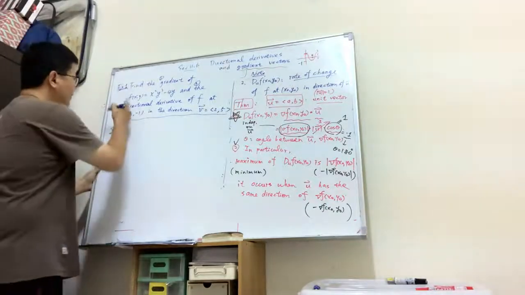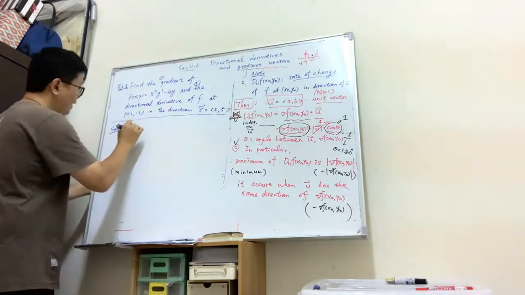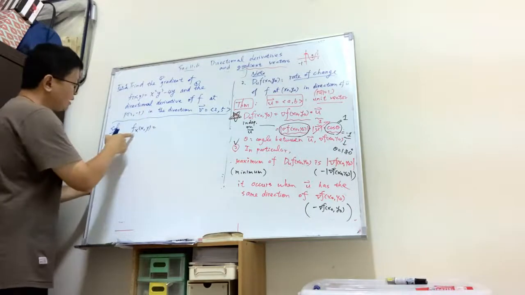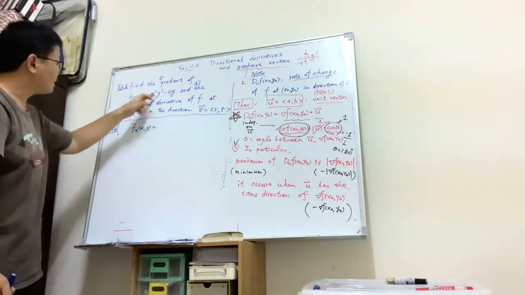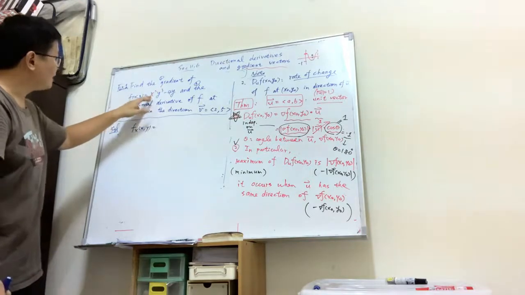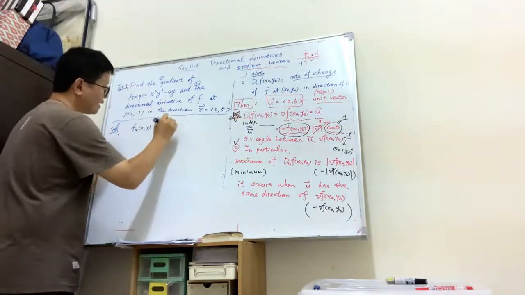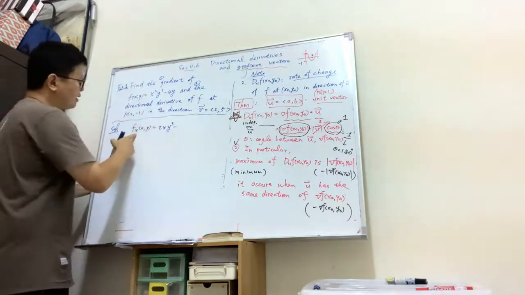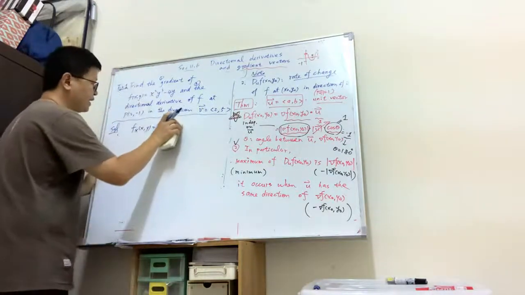So f sub x: when you consider the derivative with respect to x, then y is constant. So x squared has derivative 2x, and the y cubed is constant, just keep it. And subtract 4y is constant with respect to x, so its derivative becomes 0. So we just have 2x y cubed.